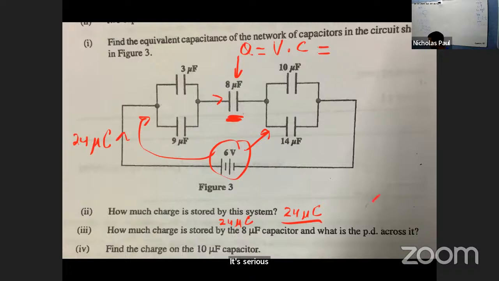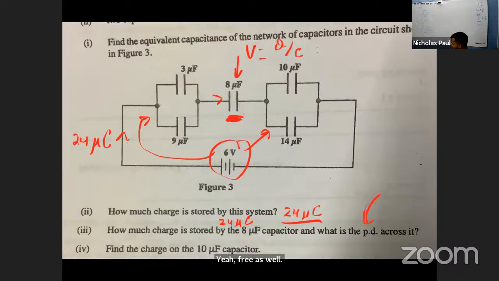So therefore, how would I get the PD? How would I get it charged? What's the formula for P? Yeah, just rearrange it now.